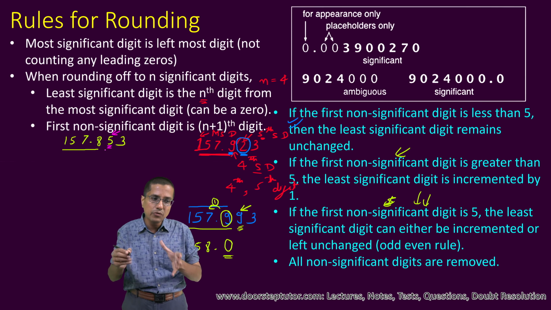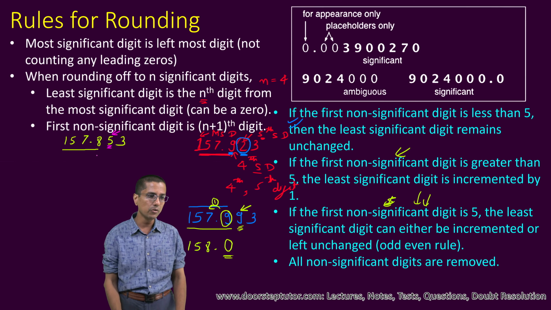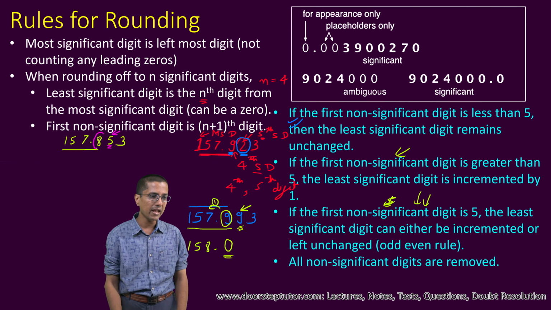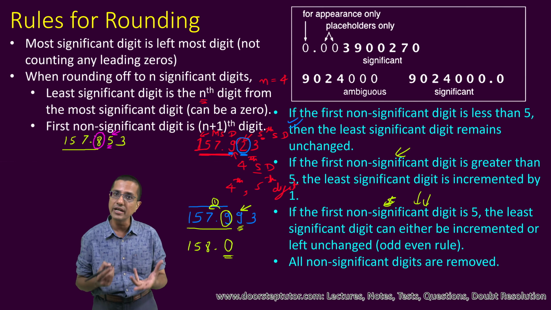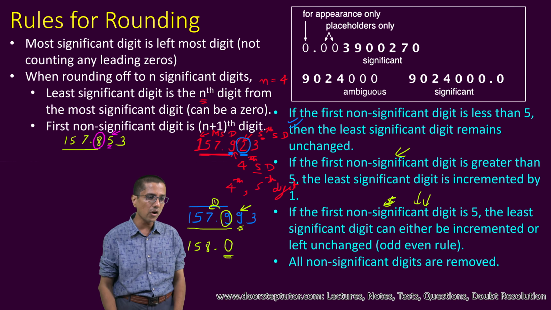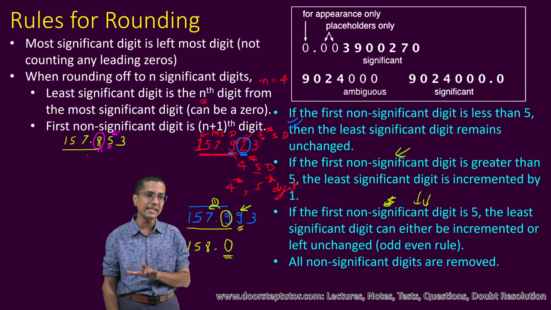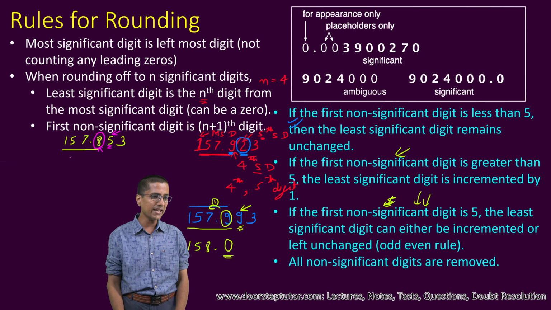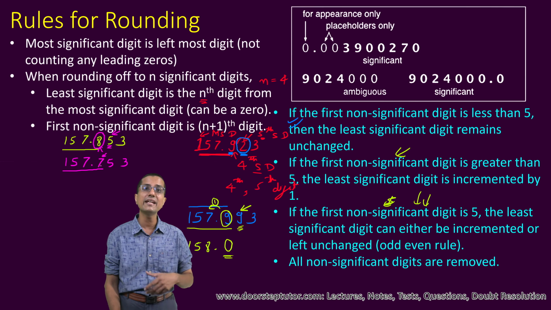The rule is very simple. You look at this number and you try to make it even. In this case, since it's already even, we don't do anything. In the other case, let's say the number was 157.753 and we are rounding to 4, then I would increment this number and make it even.